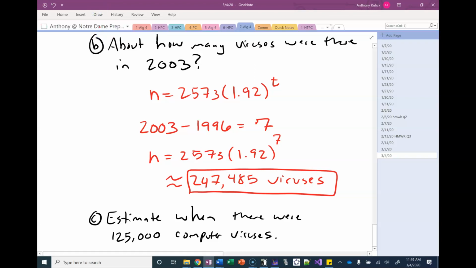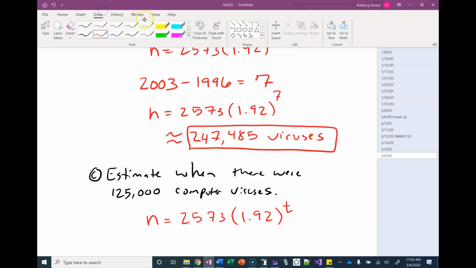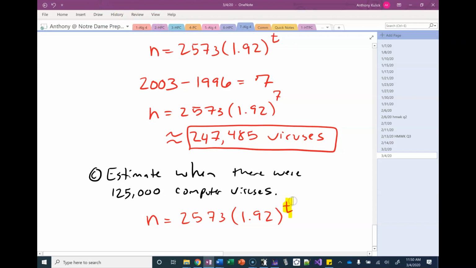So the next question we're going to ask is to estimate when there were 125,000 computer viruses. So again, we're going to be using our model that we created to do this. And which part of this equation are we looking for? We're looking for time this time, right? Everybody agree with that? How did we know we were looking for time?